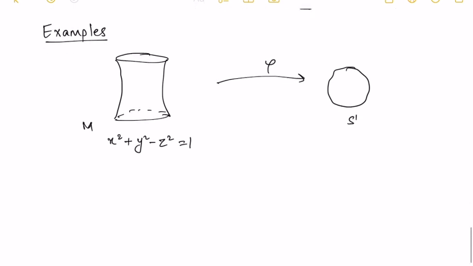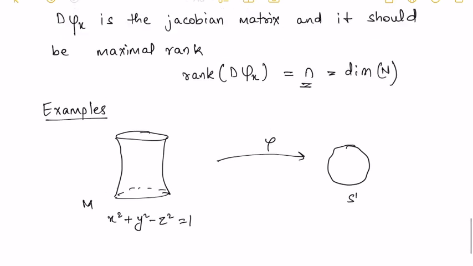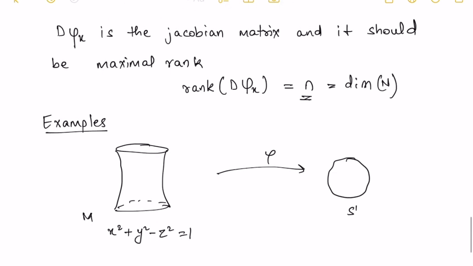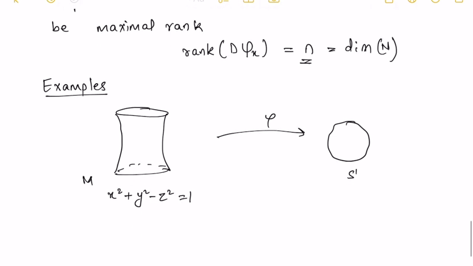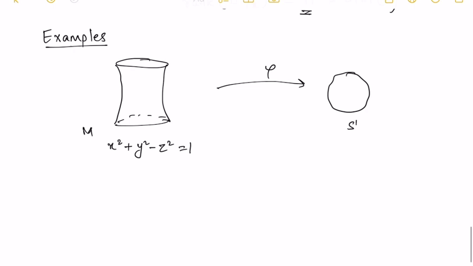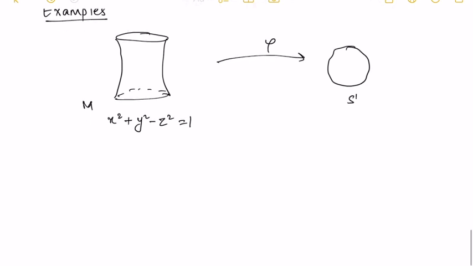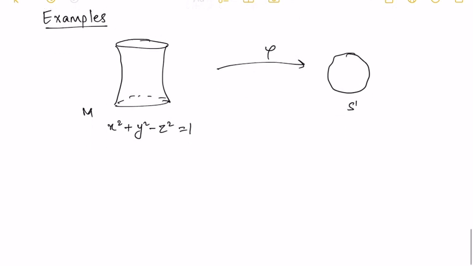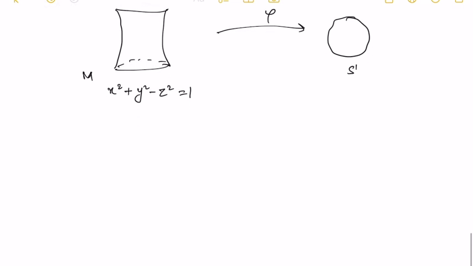It's the spherical manifold in one dimension, right? So you need to see if this is maximal ranked or not. And for that, you have to find the Jacobian function and then get the rank of the Jacobian function and see if it's equal to n or not. And n is equal to 1 here, right?